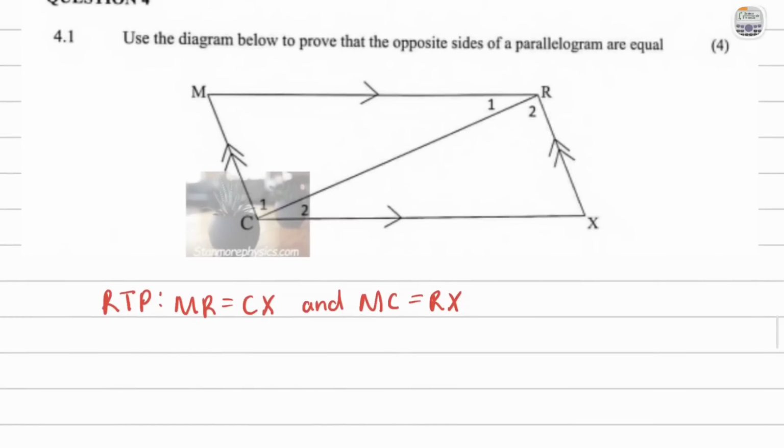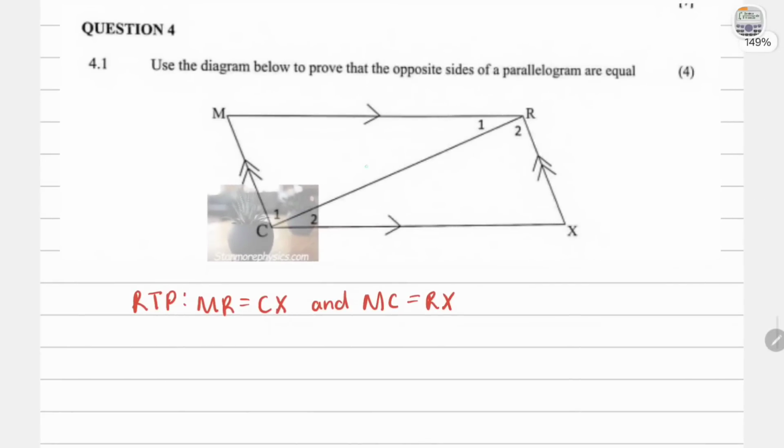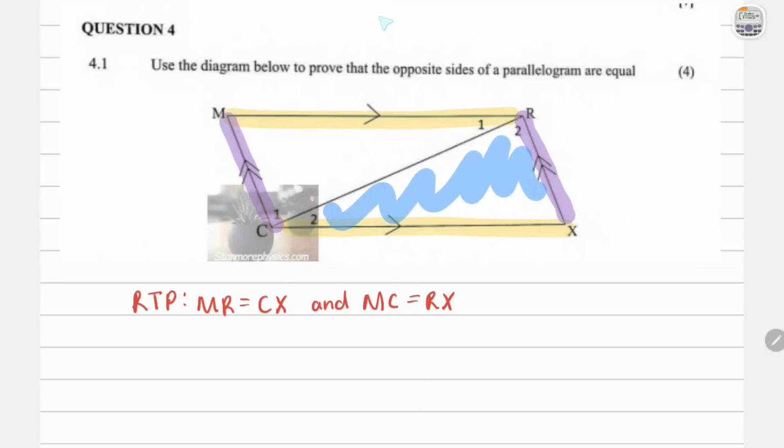So the best way to actually prove that this is equal to this, and that that is equal to that, is by looking at these sides as part of the triangles they are a part of. These two sides are part of this triangle CRX, and these two sides are part of this triangle RCM.